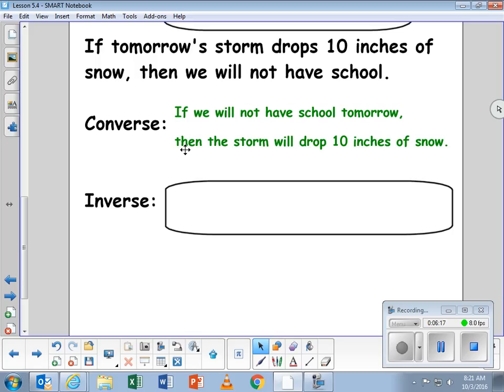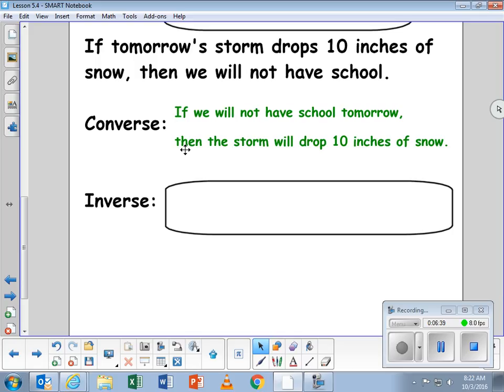If we'll not have school tomorrow, then the storm will drop 10 inches of snow. She used a little different tense, didn't she? Past tense instead of present tense or future tense, but that's okay. I'll be very flexible with how you reword that part of it.